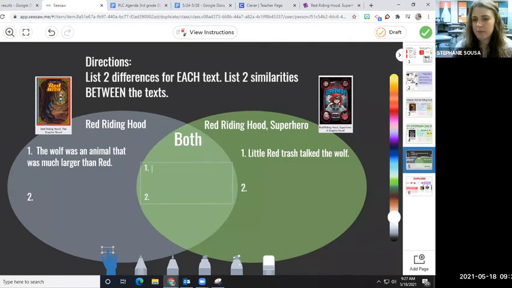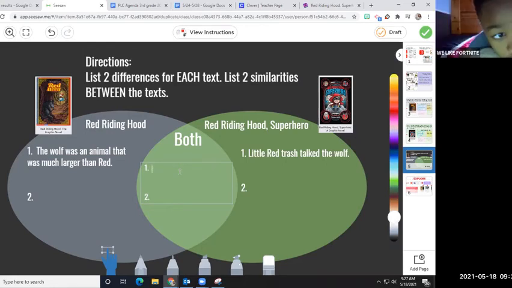Something that happened in both. Yes, Terrence. So I think that in the superhero version, she was saving the day. We're talking about both right now, though. Do you have something for in both of them? Both. Because she saved everybody.